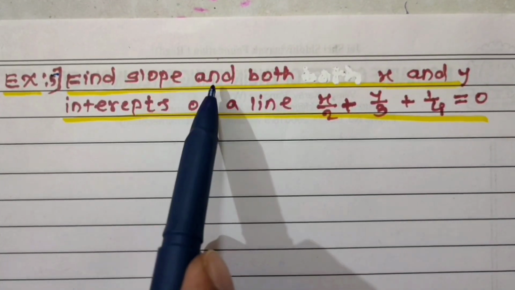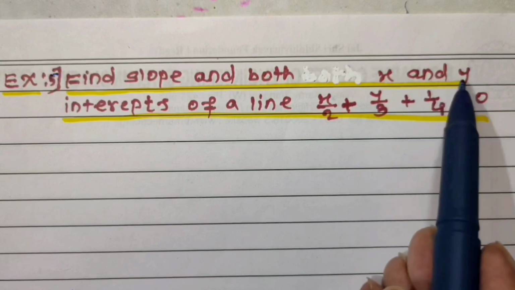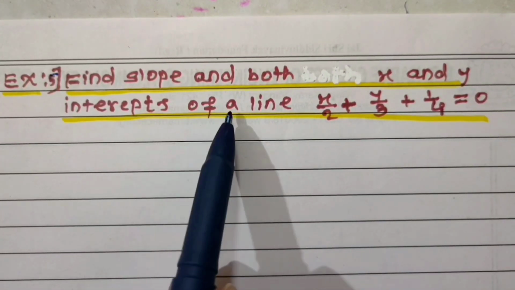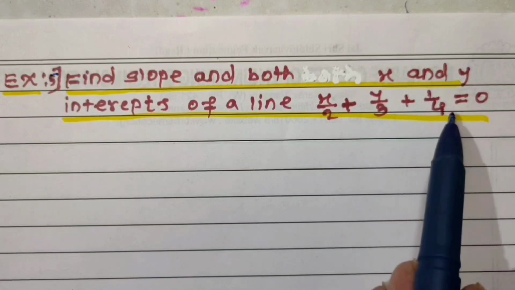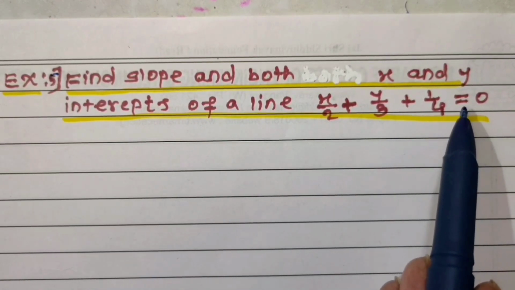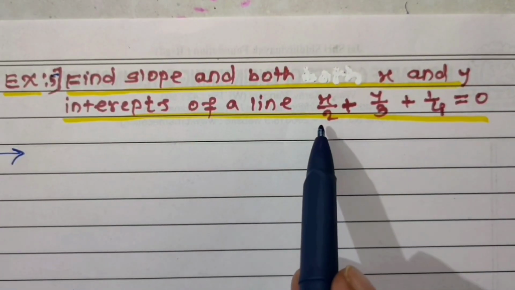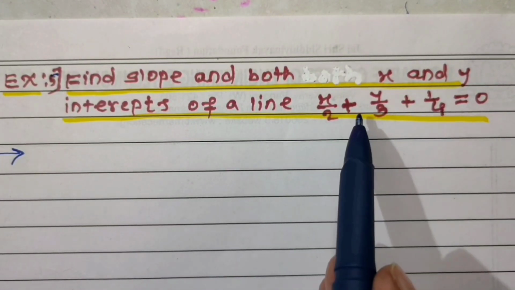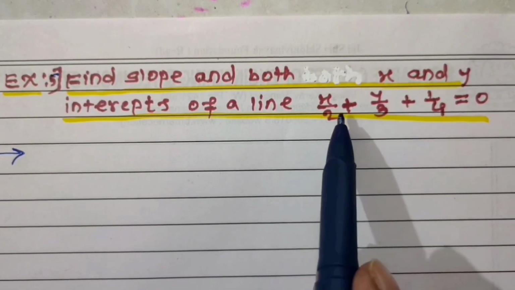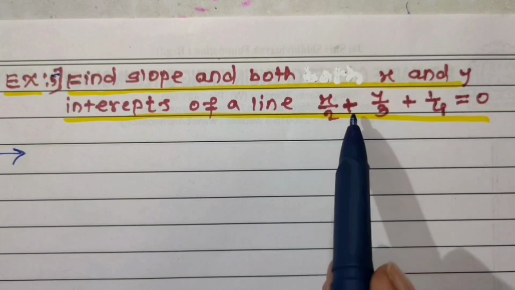Find slope and both x and y intercepts of a line x upon 2 plus y upon 3 plus 1 upon 4 is equal to 0. First of all, taking LCM, express the given equation in standard form or general form of straight line.